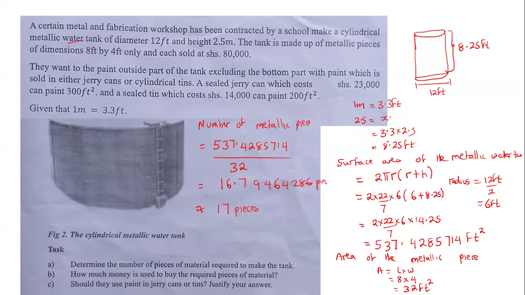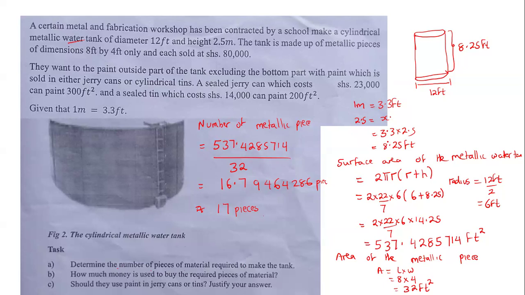Yes, good morning, sir. My question is, if it is 16.7, you round off and add one to 16 to get 17. If it is like 16.3, can we also write 17 or we can write 16?